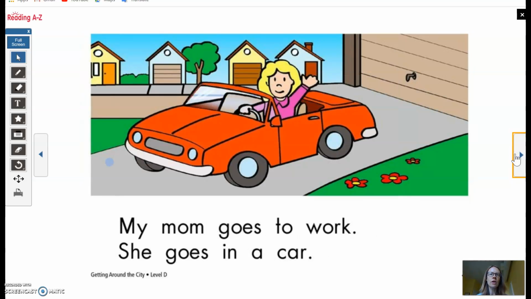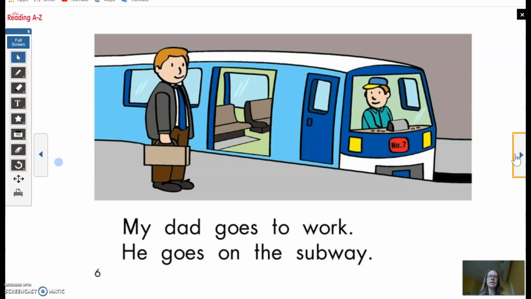How are the car and the subway different? Answer by saying the car and the subway are different because. Good.